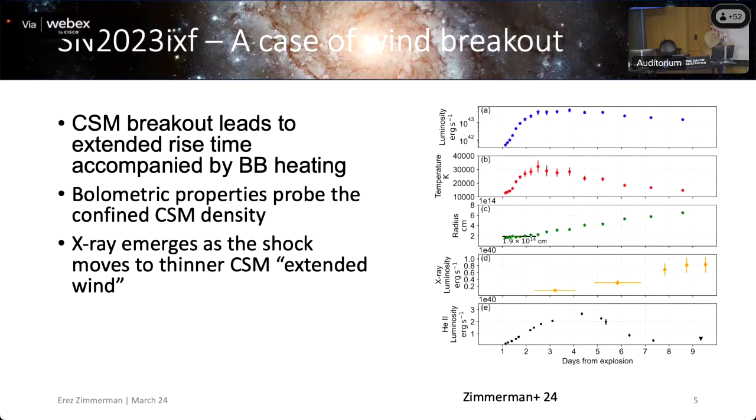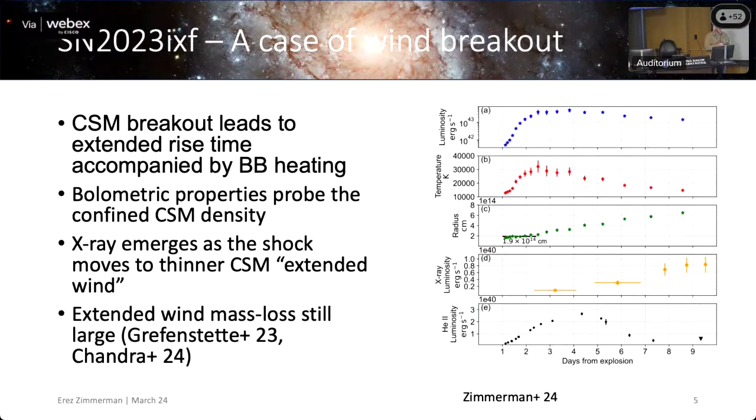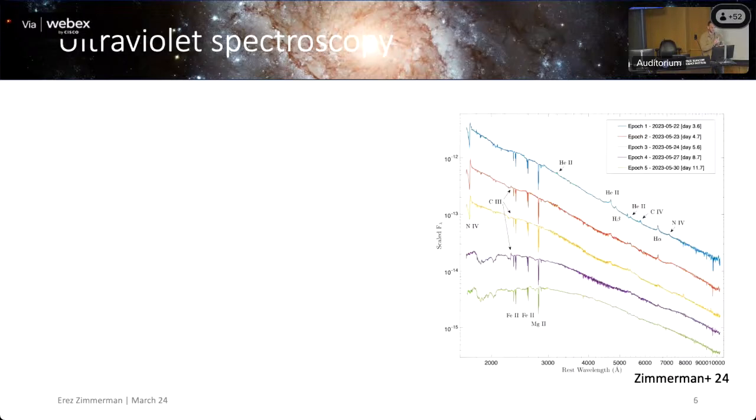So you have the confined CSM, which creates the extended shock breakout, then it moves into the extended wind later down the line. But the mass loss of this extended wind is still quite high, at around 10 to the minus 4 solar mass per year in the case of 2023 IXF, which means that you still have too much mass loss to be regularly explained with typical red supergiant wind values. So we don't necessarily see this in non-exploding red supergiants.